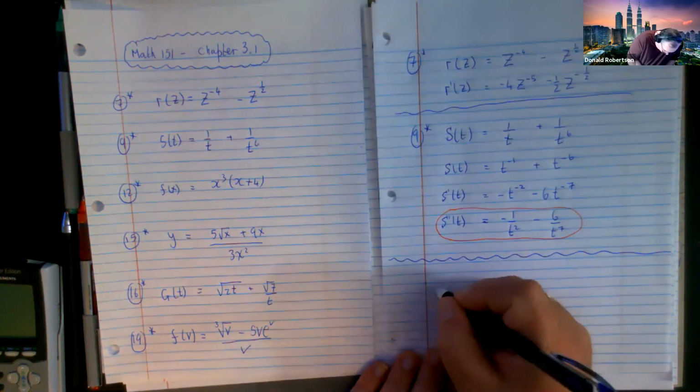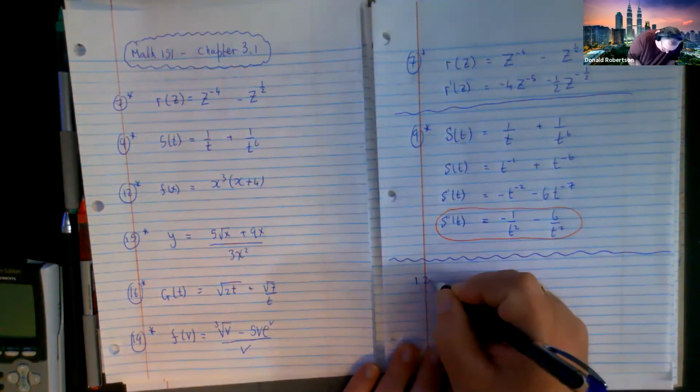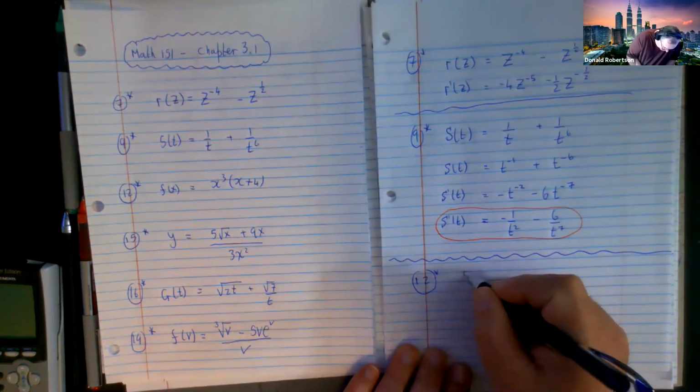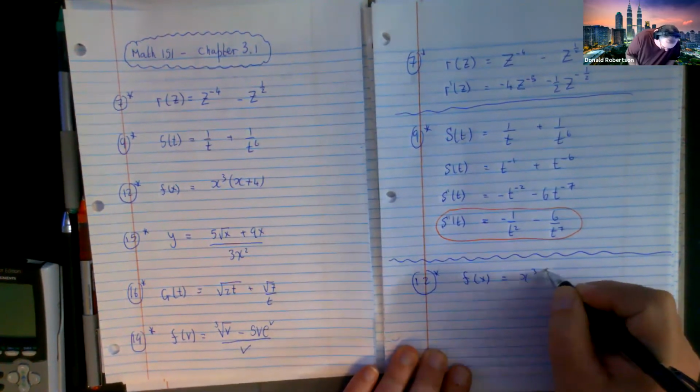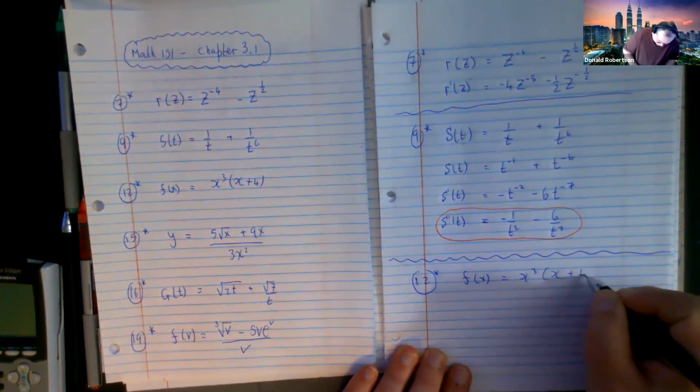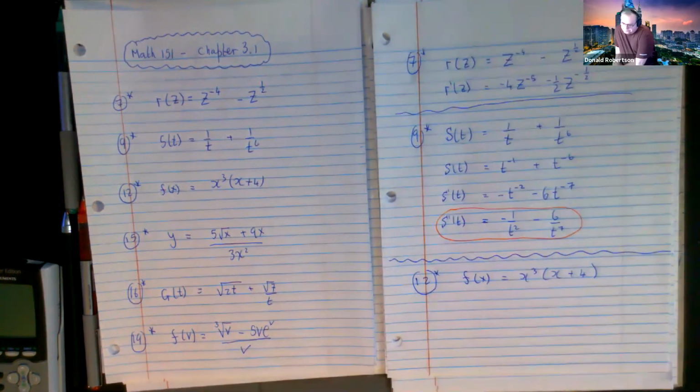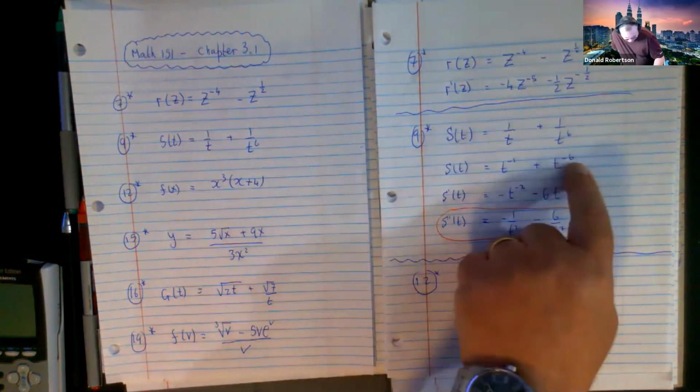So what have I picked? Number 12. Okay, I need to differentiate this function. Would you agree I need to do something to it before I can differentiate? In the last case I had to convert them to negative powers.